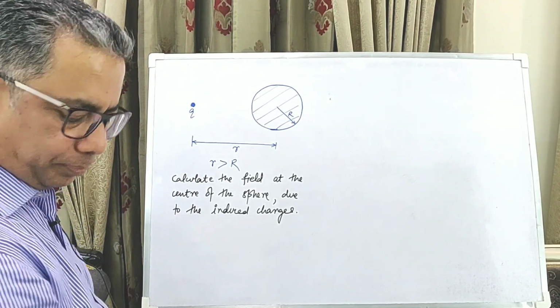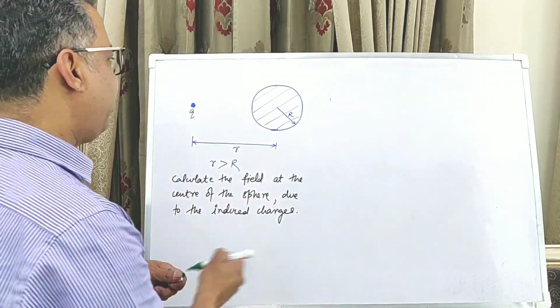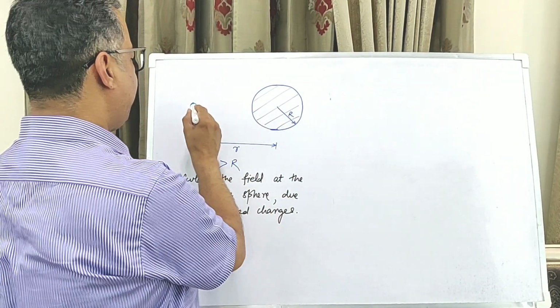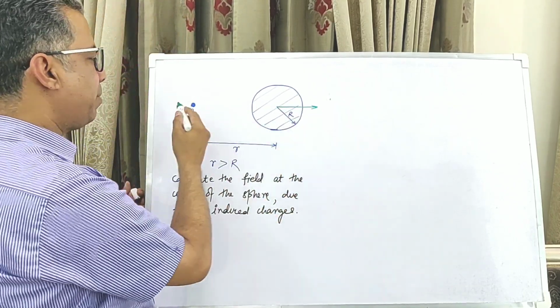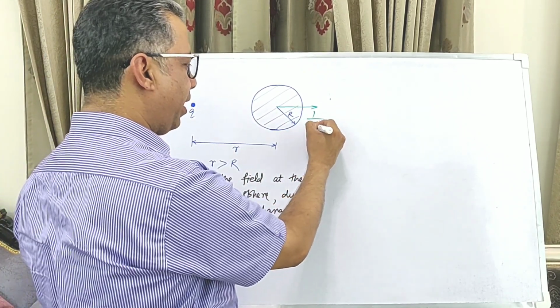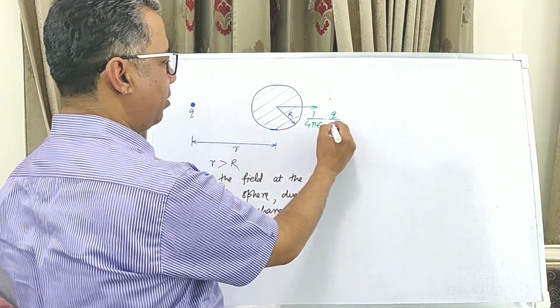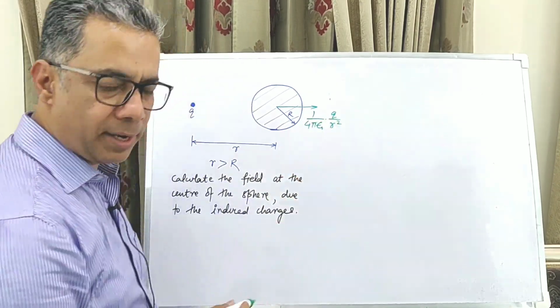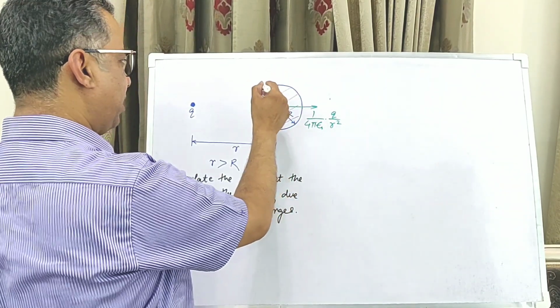Now obviously the electric field at the center of the sphere, because of this charge, will be in this direction. I'm assuming it's a positive charge, so that field will be 1 by 4 pi epsilon naught times q by small r square. Now the charges induced on the surface here will be somewhat like this.